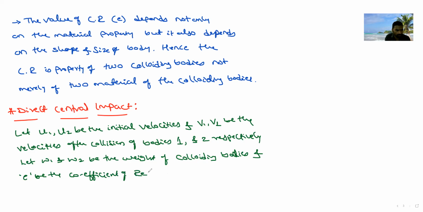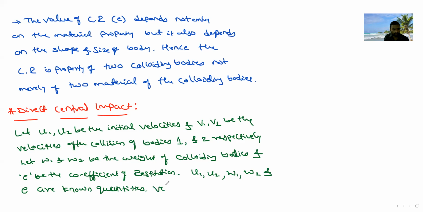U1, U2, W1, W2, and E are known quantities. What is the velocity after collision? V1 and V2 are unknown.